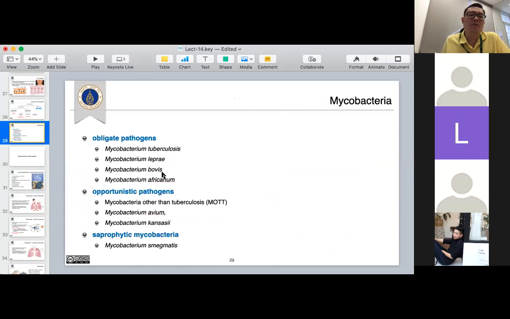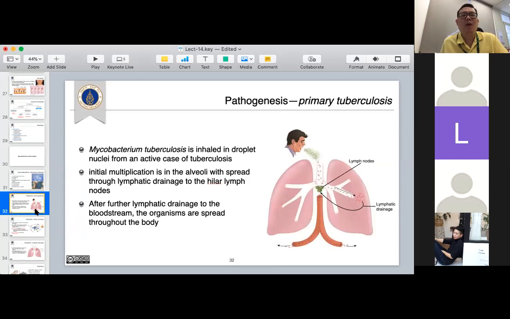Bovis, tuberculosis and Africanum, nowadays we know these are the same species. People working on a farm or with infected cows might get infection from cows, or tuberculosis spreads from one person to another.